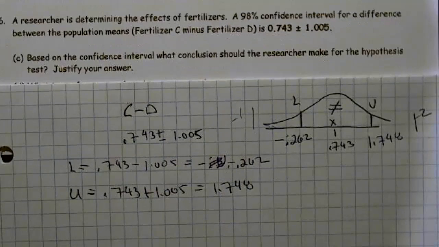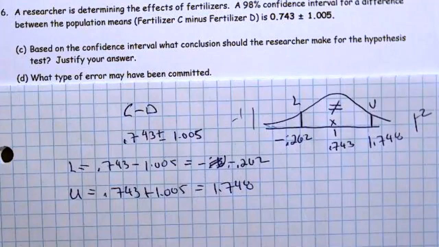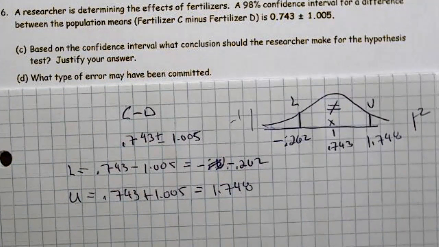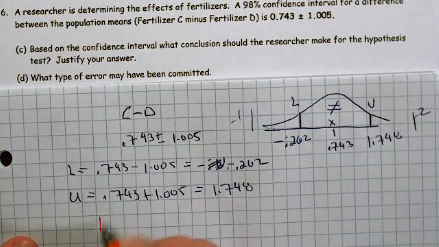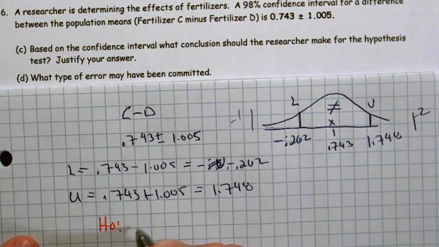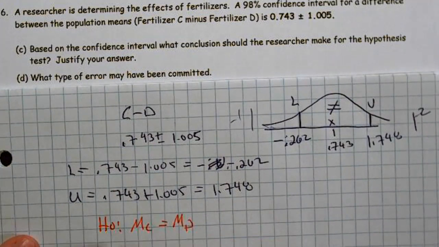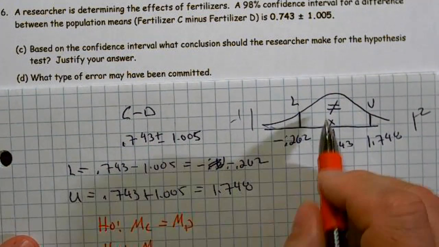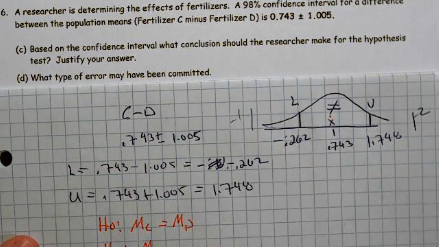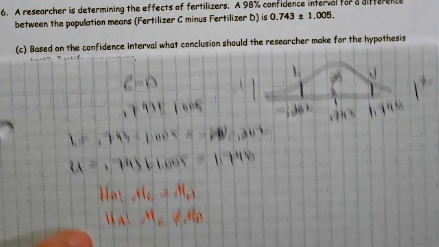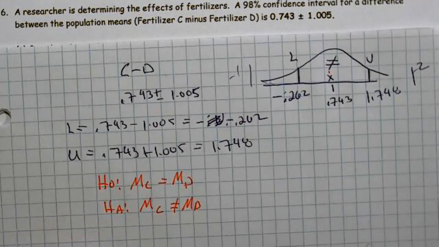So based on the confidence interval, what should the researcher conclude about the hypothesis test? Well, what would have been my hypothesis test? Well, we would have gone, you know what? The mu of C equals the mu of D. And the alternative, because it's the two-tail, mu of C does not equal mu of D. All right?